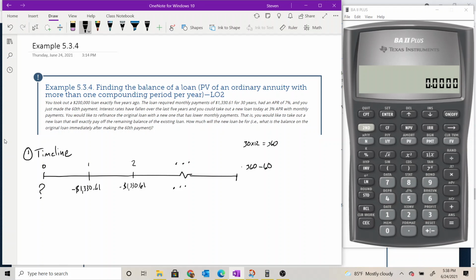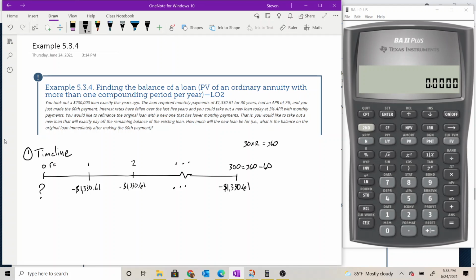So we'll subtract that out and find that we have 300 payments left to make. So if we were to continue paying on this loan, we would make an additional 300 payments of $1,330.61.